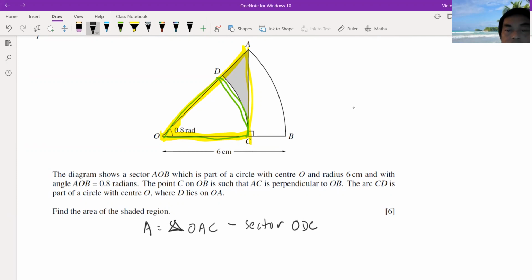So in order to find that, you have to find OC and AC.